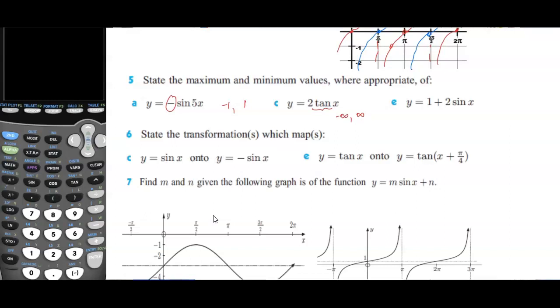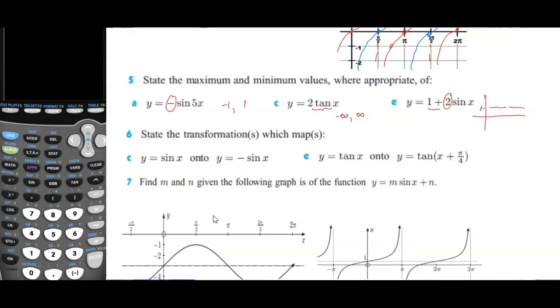Okay, and for y equals 1 plus 2 sine x, remember that plus 1 is going to vertically translate the whole thing up by 1. So instead of going from negative 1 to 1, it's going to vary more. And hey, look at the a value, it's 2, right? So maybe we'll draw a picture. So the mean line is going to be at 1, okay?